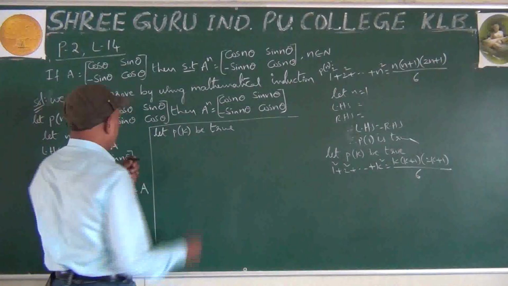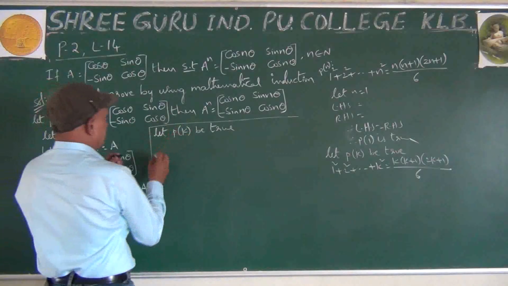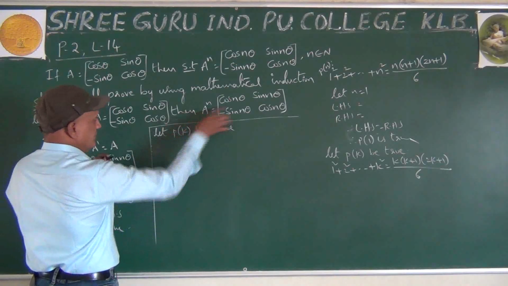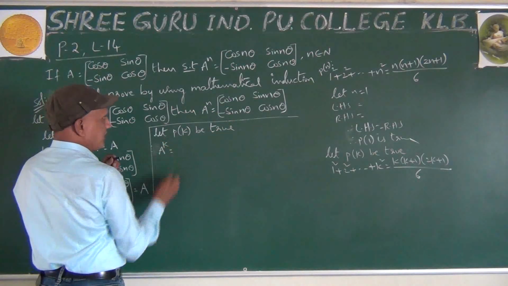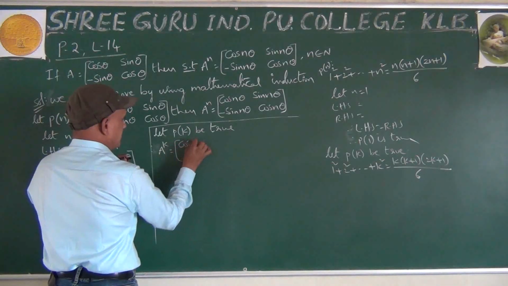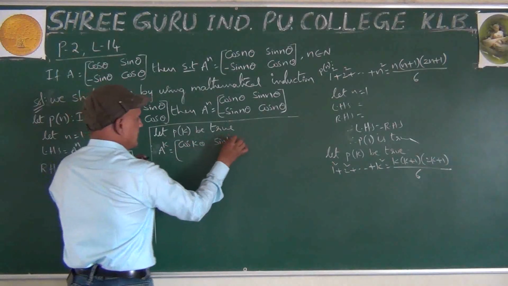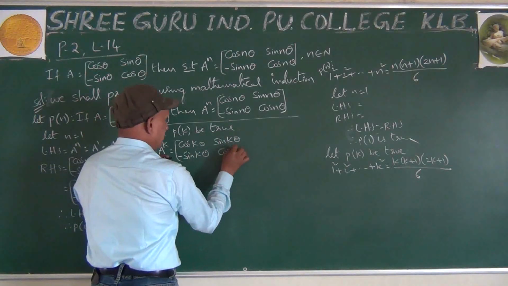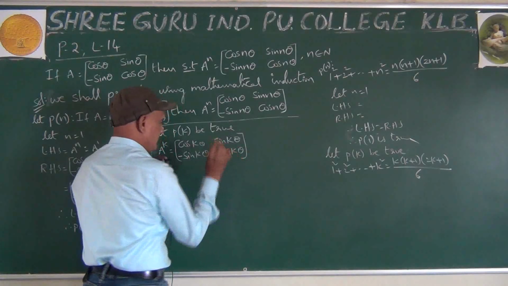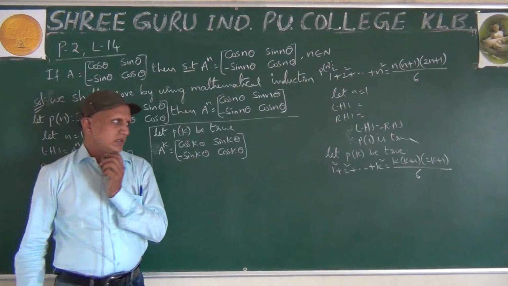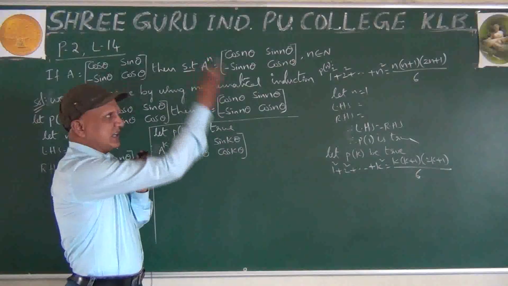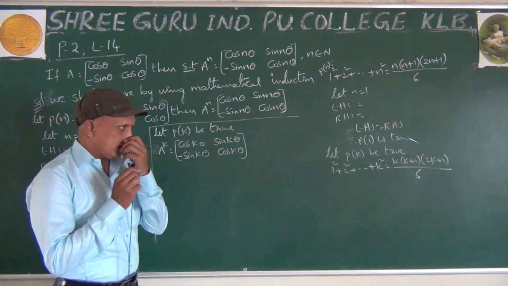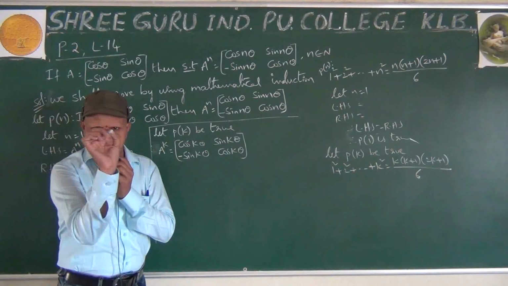If A power k, in place of n put k, cos k theta sin k theta minus sin k theta cos k theta. Up to here it is the same mathematical induction method. From here on, a bit different.